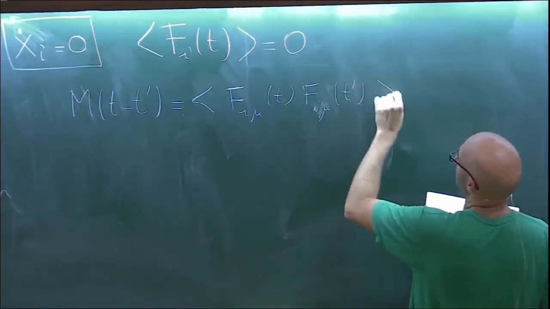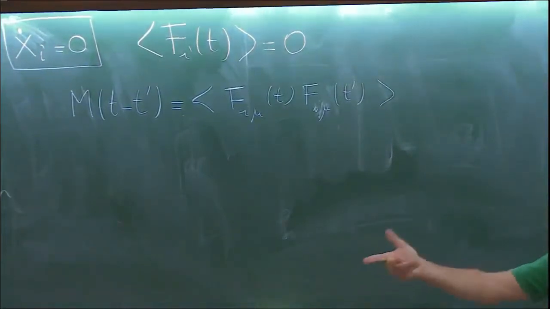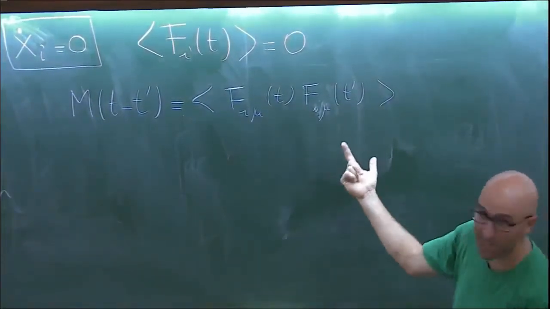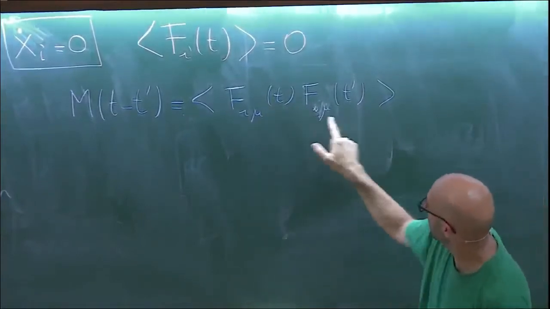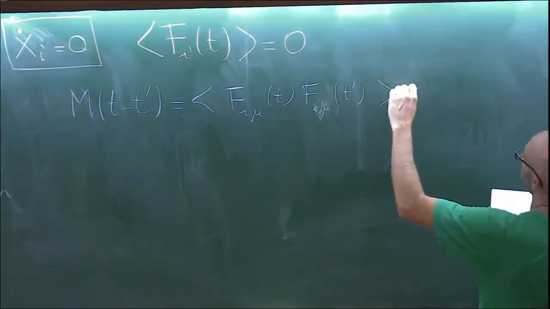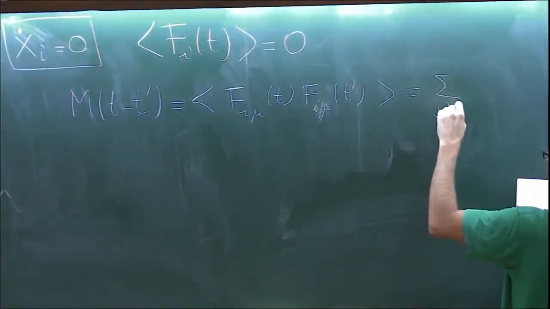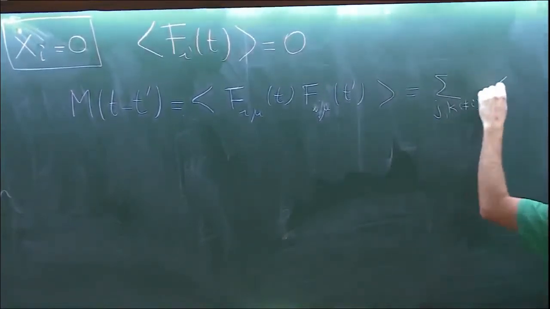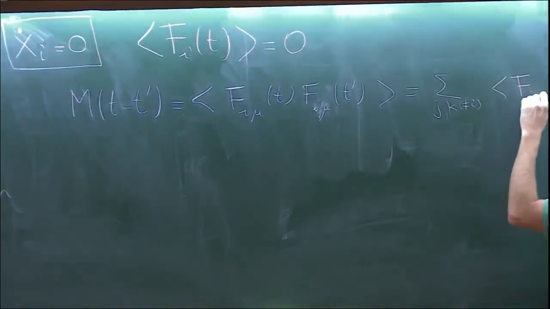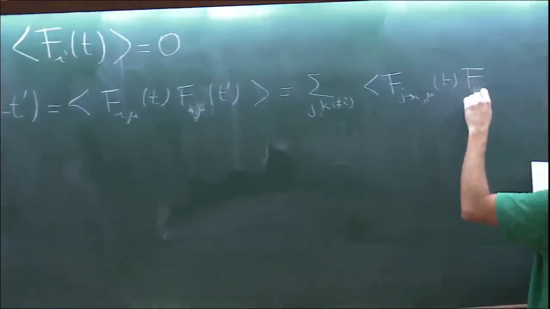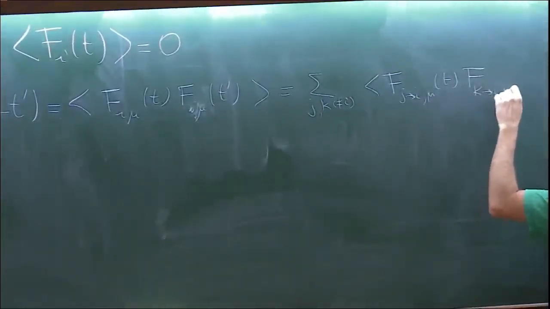Because of the isotropy, the different components with different spatial index will be uncorrelated, so I only take the same mu here. This is the sum over j and k, both different from i, of f j to i mu of t, f k to i mu of t prime.